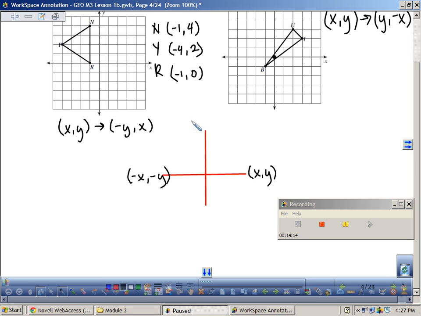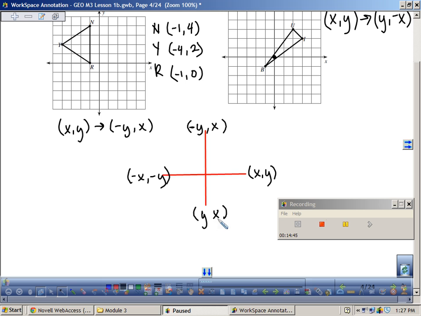Hold on. This one is the one you have to memorize, right? So instead of being x comma y, the y and the x switch, and the y becomes opposite. And you really don't have to memorize this one because it looks just like that one.